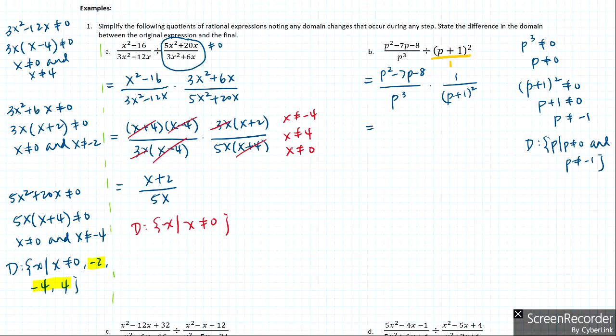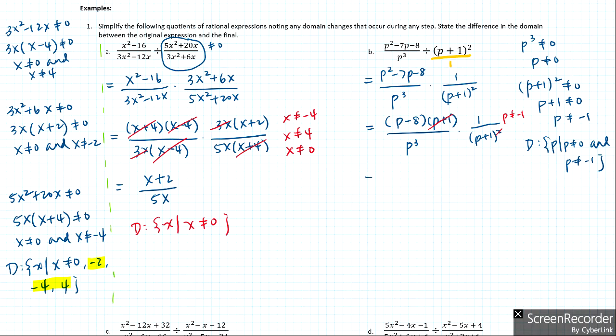Now moving on, if we want to simplify, we can go ahead and factor the numerator, which turns out to be p minus 8 and p plus 1 all over p cubed times 1 over p plus 1 squared. And with this, we can go ahead and cancel out p plus 1 as a common factor. And as we cancel this out, we are relying on the fact that p doesn't equal negative 1.